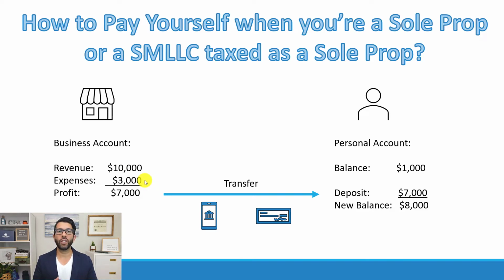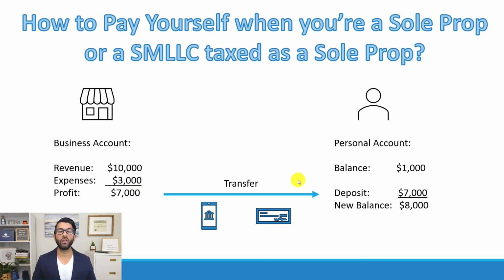What that means is maybe you had advertising expenses, maybe you drove a lot to earn this revenue, so you had a business mileage deduction, cell phone expenses, and different marketing expenses, for example. And so you are left with a profit of $7,000 in your business. So if this is all the activity that took place in your business account, then you would have $7,000 of cash sitting there in the business checking account.